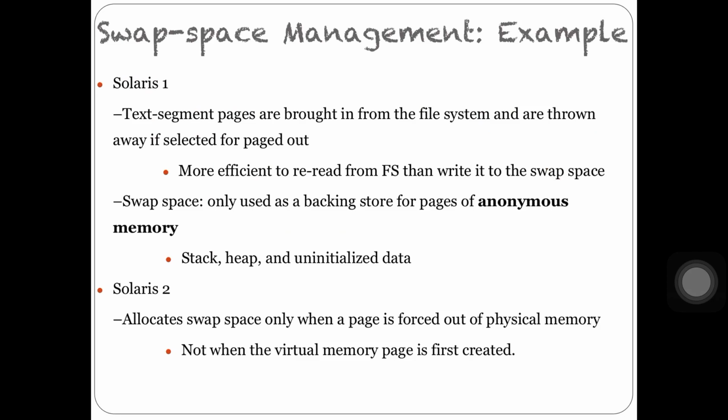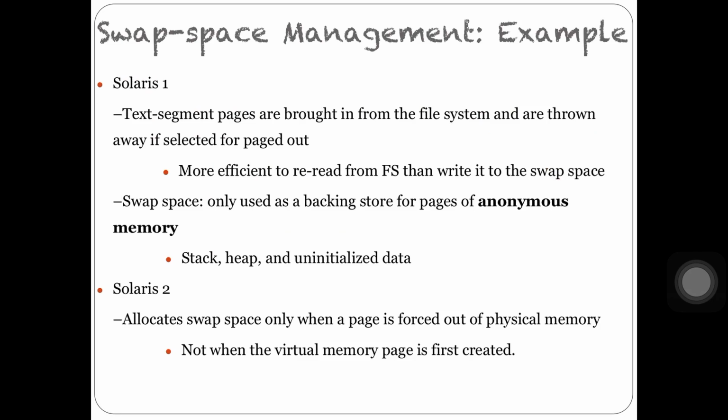We'll see two examples, in the Solaris 1 and Solaris 2 environments. In Solaris 1, which is also called SunOS 4, the designers made changes to the standard Unix methods to improve the efficiency and to reflect some technological changes.